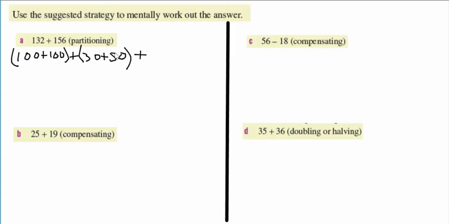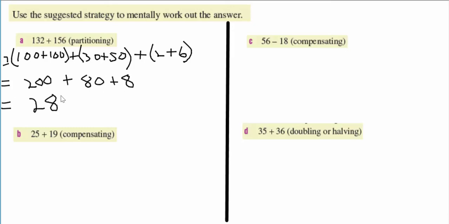And then my last one, the 2 and the 6, in brackets as well, 2 plus 6. That is meant to be an equal sign. Let's try again. So 100 plus 100 is 200, plus 30 and 50 is 80, plus 2 and 6 is 8, and then put all of them together and I get 288 as my answer. That is partitioning.